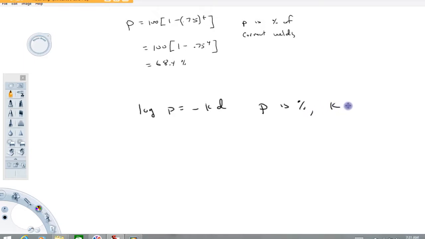K is a constant that depends on the material, and this is all written in more detail in your handout. D is the thickness of the material. It says the constant K is 0.5. How thick a piece of glass is needed so that 60% of the light passes through it.